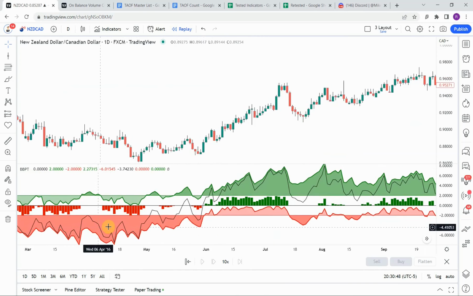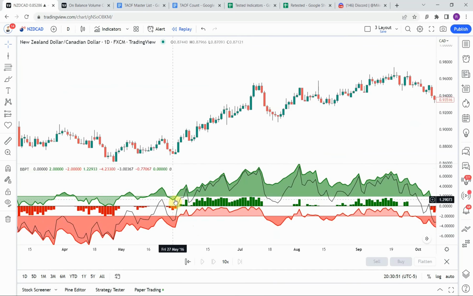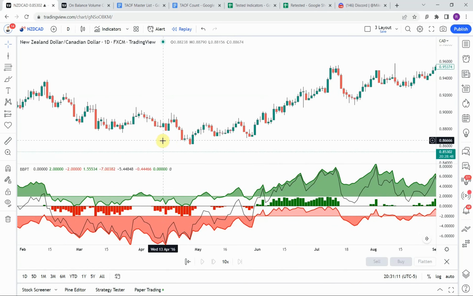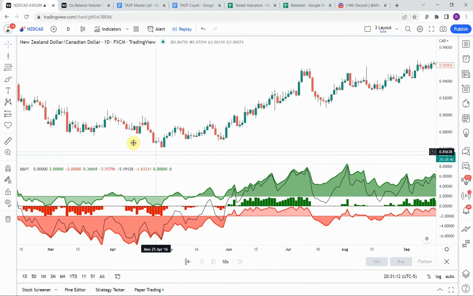On the reverse side, you can see that as the green cloud is breaking out to the upside, the red cloud is making its way into the center middle area here, that's when we get the green histogram. This histogram highlights which of the two are in control, whether it's the bulls or the bears.